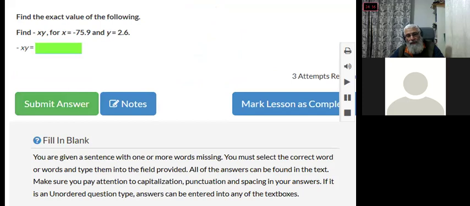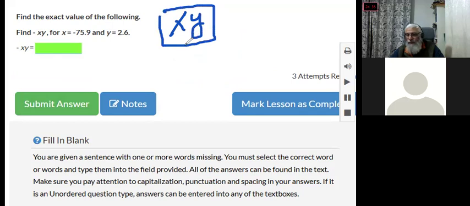This one. Find negative xy for x is negative 75.9, y is 2.6. It's xy, so what does that mean? Do we add, multiply, or divide?